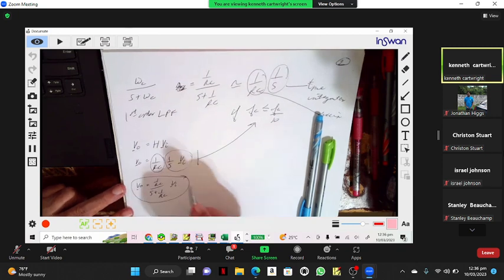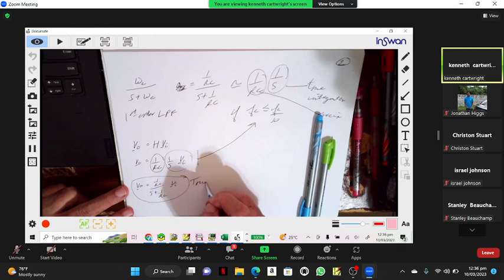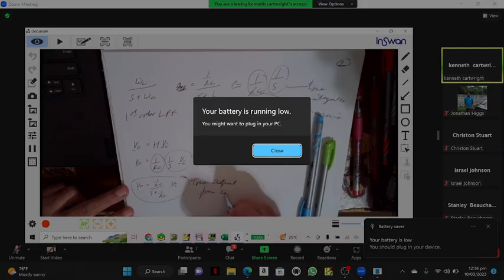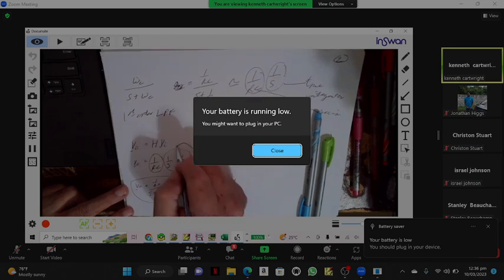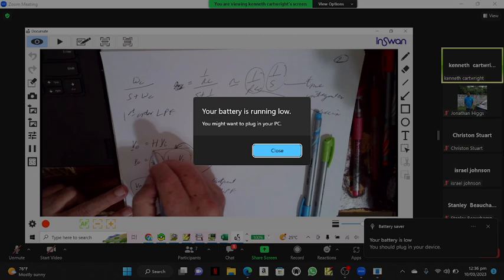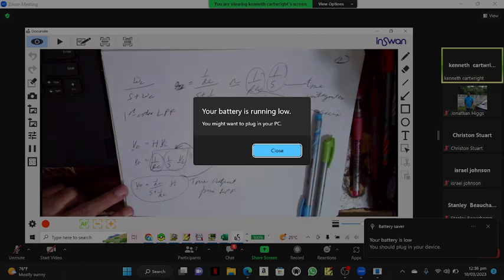This isn't true, that this is approximately this, this whole thing, if this is true. Any questions about this?